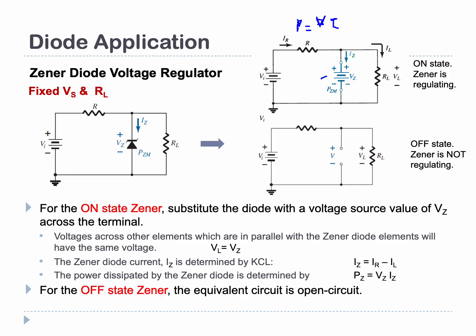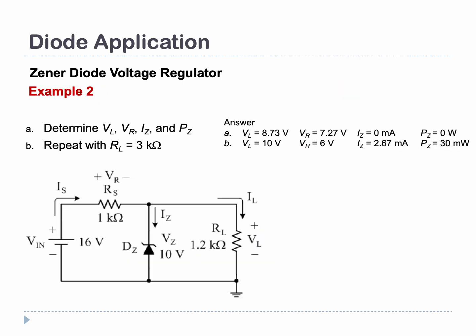Alright, so if your zener is in an off state, of course it's easier. Your IZ here will be 0, your PZ also will be 0 because it is an open circuit. Alright, so I leave this example for you to solve, because I think this is very straightforward. I just show you the A1 here.